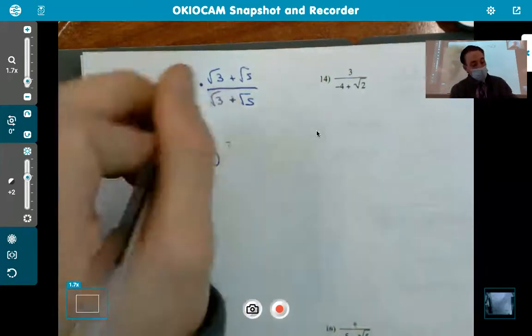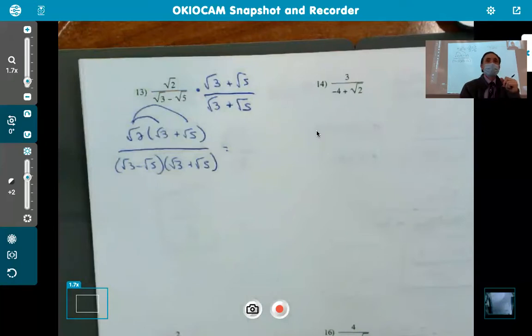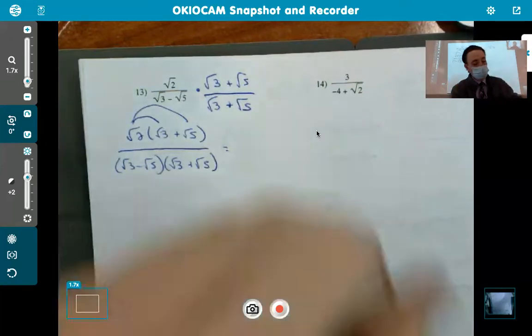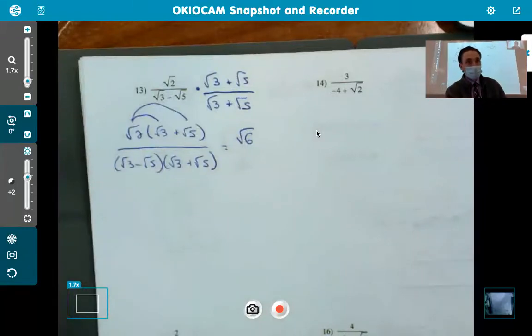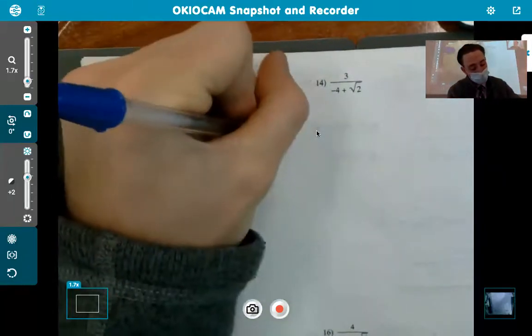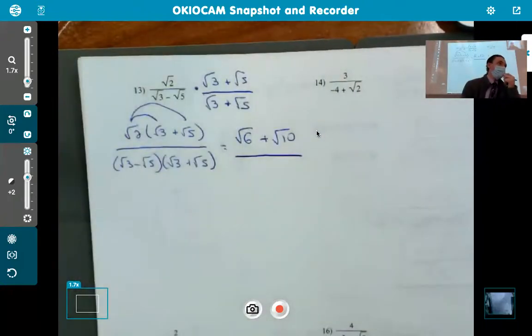In my numerator, I still have to distribute. What's √2 times √3? √6. What's √2 times √5? √10. Right? You multiply them normally, just keep everything underneath that root.